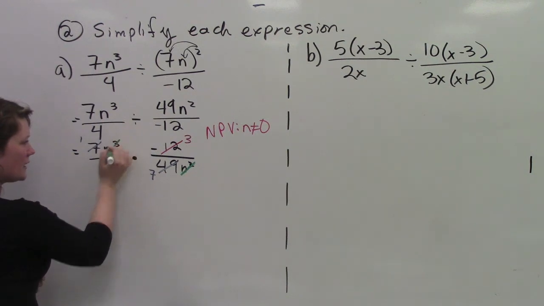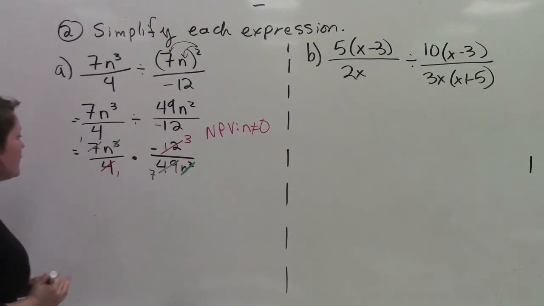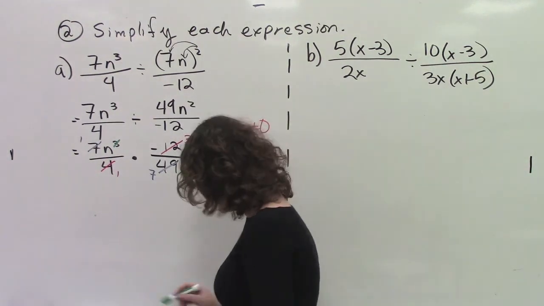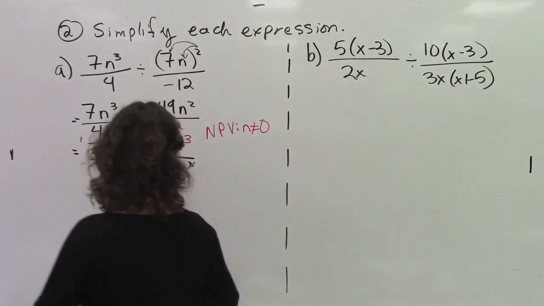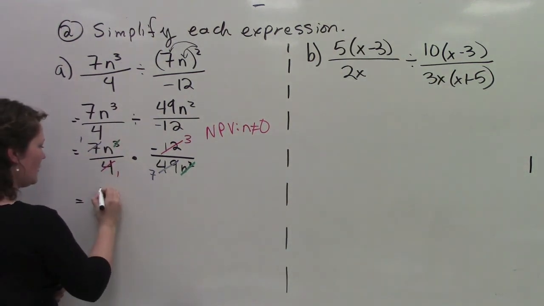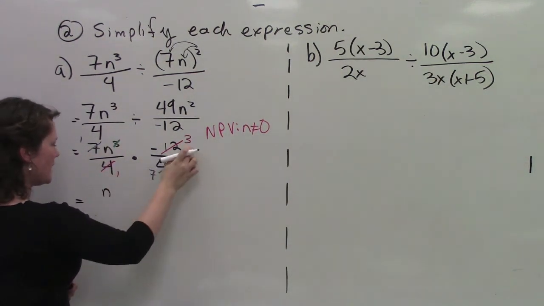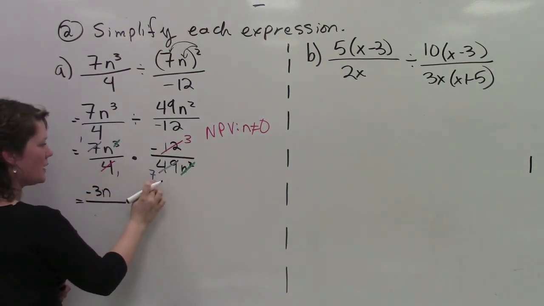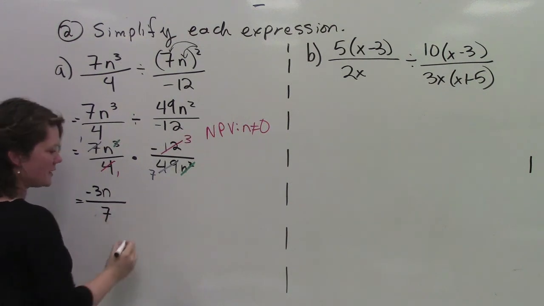You have a cubed on the top, a squared on the bottom. This just becomes n to the 1. It just becomes itself. So now I need to pay attention. This whole thing is just n. So we have n times negative 3. So negative 3n over 1 times 7 over 7.